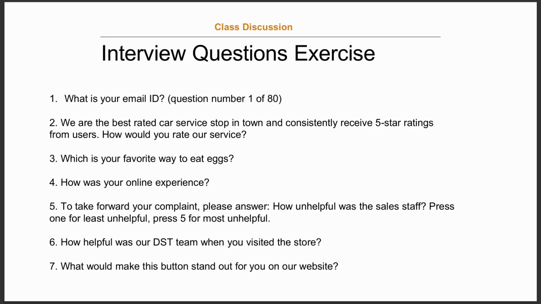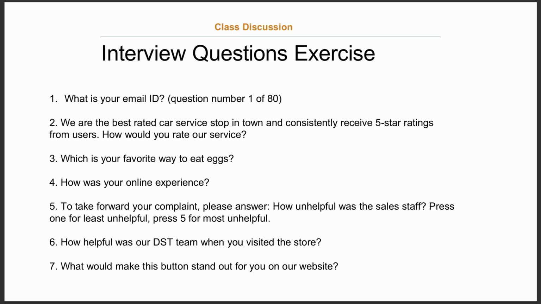To take forward your complaint, please answer: how unhelpful was the sales staff? Press 1 for least unhelpful and 5 for most unhelpful. Well, this one is just ridiculous. Starting with "to take forward your complaint," you're putting up a barrier for them to be able to give you feedback, and you don't necessarily want barriers. And then afterwards, we have "how unhelpful was the sales staff?"